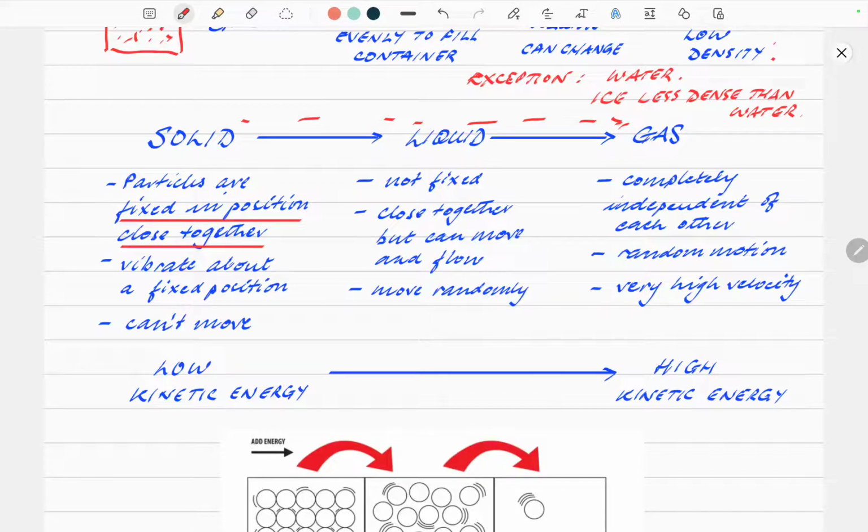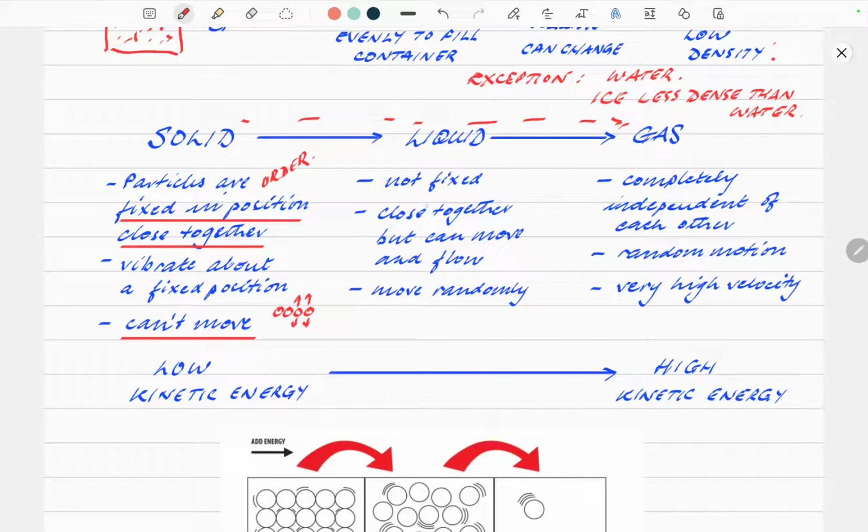They maintain a certain order and structure. They vibrate about a fixed position. So if you have particles packed in like that, they're all vibrating about a position, but they don't move around. They cannot move around. That's very important, fundamental to solids.